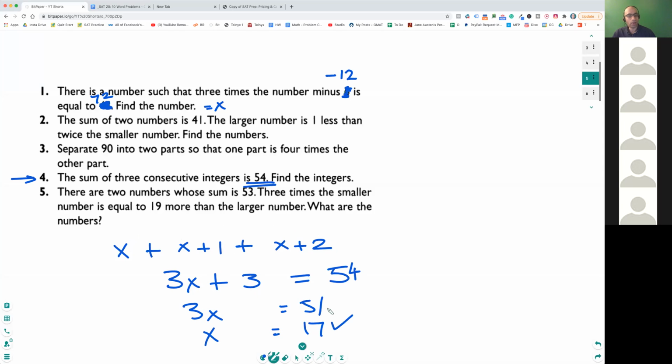So now let's try this one: the sum of 4 numbers is equal to 66.